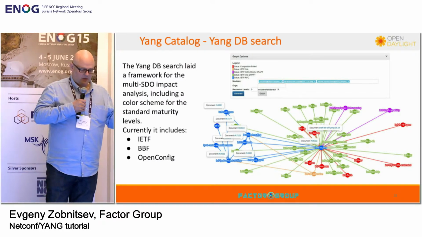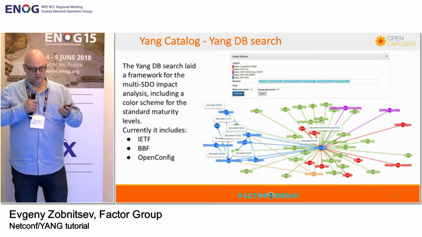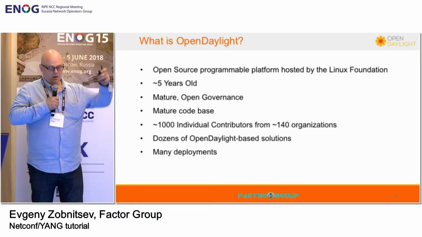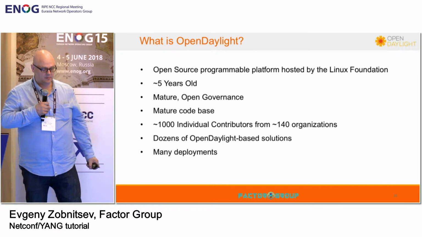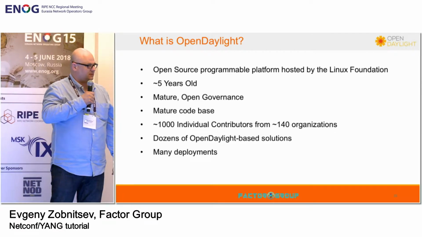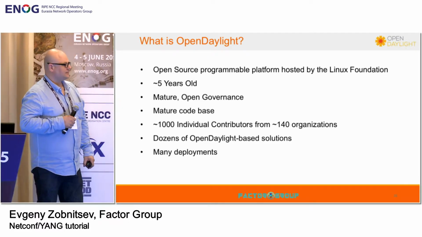Just look, and there's Live3 APN, and there are many things made by the community, and that has become a standard. Not to waste too much time, I'll quickly speak about the open daylight, and then we shall make the session interactive.